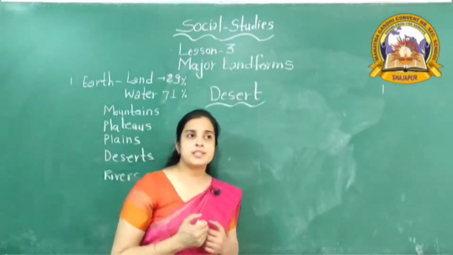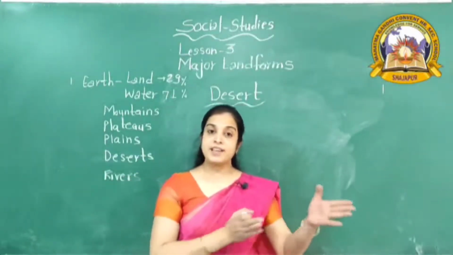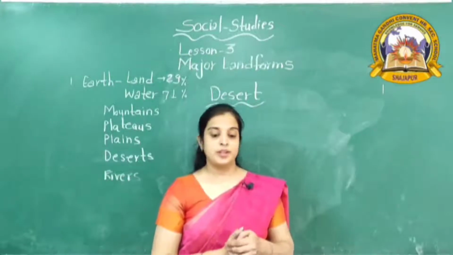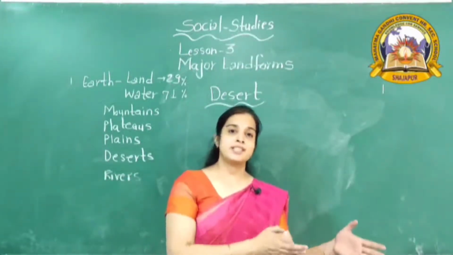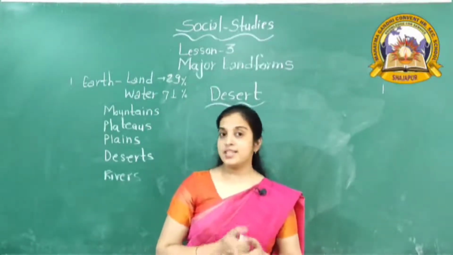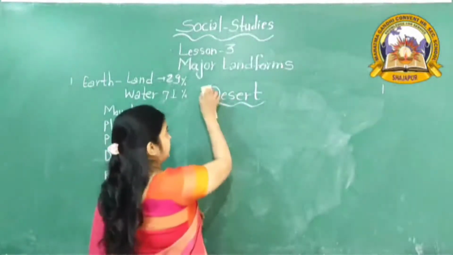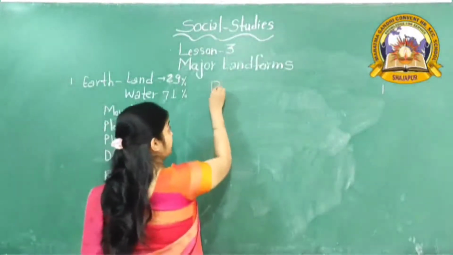And most of the deserts in our country are located in the western side, on the western side of our continent and our country also. Next thing is river. Next landform is river.